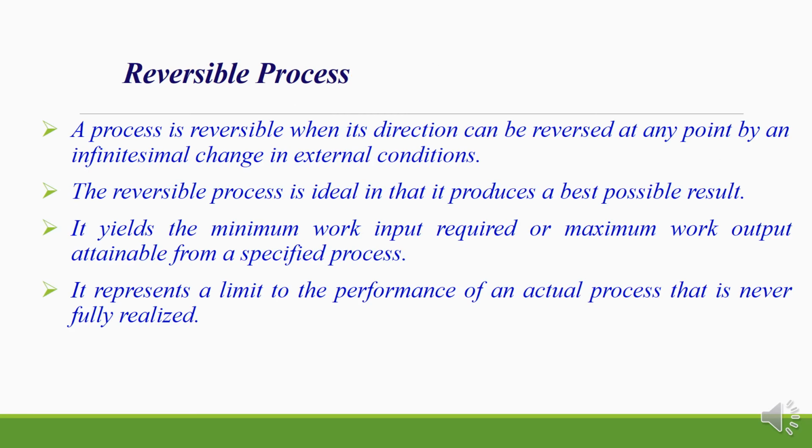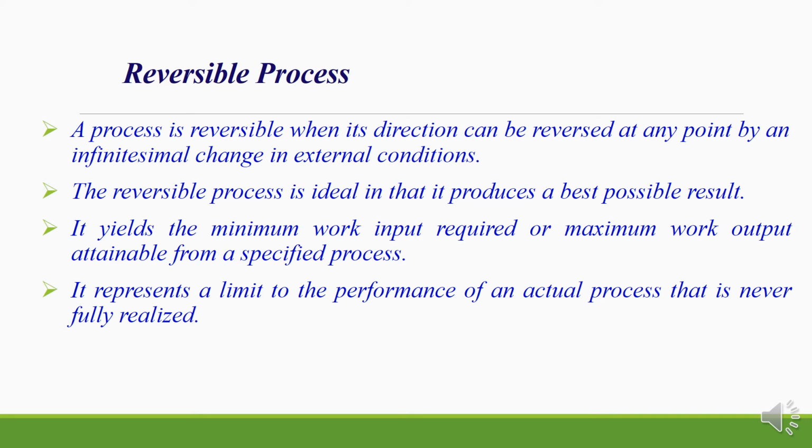So now coming to the second aspect of this particular topic, that is the reversible process. A process is reversible when its direction can be reversed at any point by an infinitesimal change in the external condition. So this is the definition. It is very simple here.